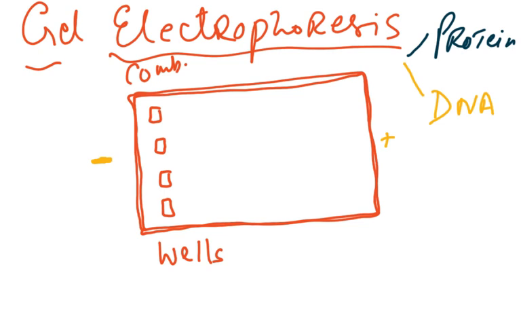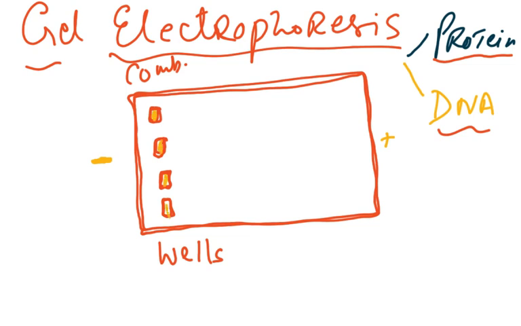And then you take the comb out, and what you get here is wells. Wells means khadde. So you get these wells, and then you actually are going to use gel electrophoresis to analyze proteins or DNA. And then you fragment the DNA and you put samples of the DNA in these wells.